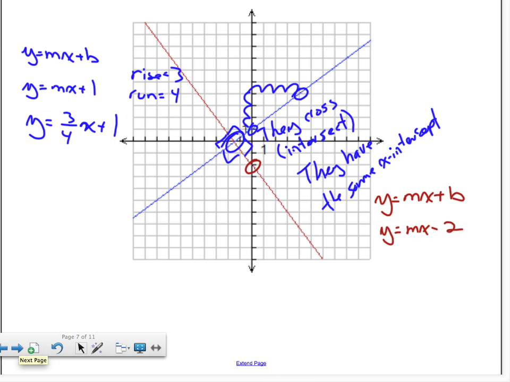How about our slope? Looks like it might be right here. So here my rise is 1, 2, 3, 4. We're going down 4, so it's -4. And my run is 1, 2, 3. So here my slope is -4 over 3, and y equals -4/3 x minus 2. So that's the equation.